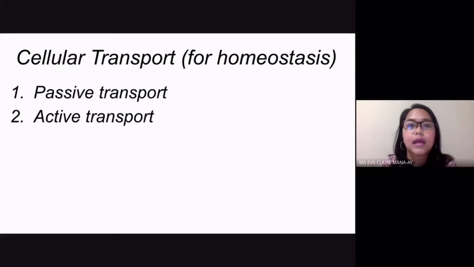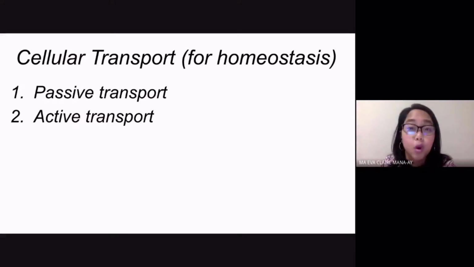Now, again, also remember that all these transports that we have, all this exchange of the different substances in or out of the cell, its main goal is for homeostasis. Any of your responses towards any type of stimulus is a form of homeostasis. If you have been exercising, if you've lost a lot of water through your sweat, and you're feeling thirsty, that is still for homeostasis.